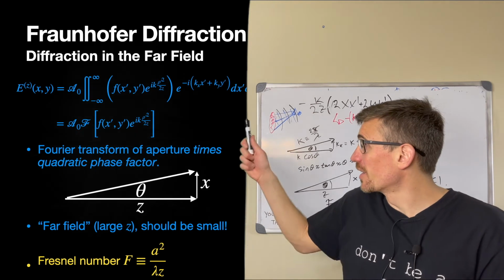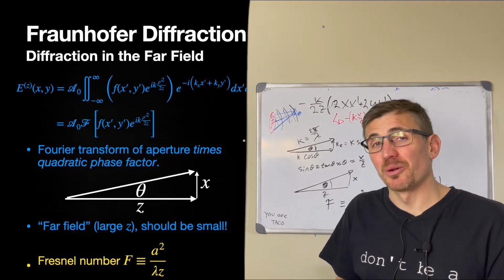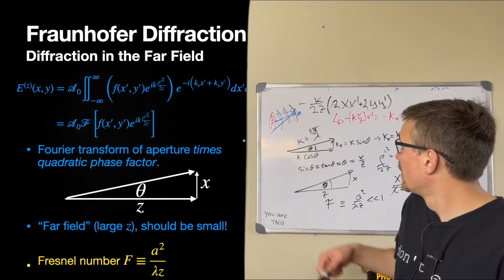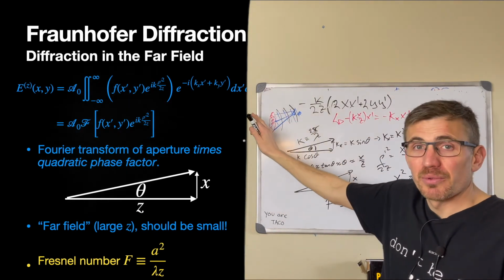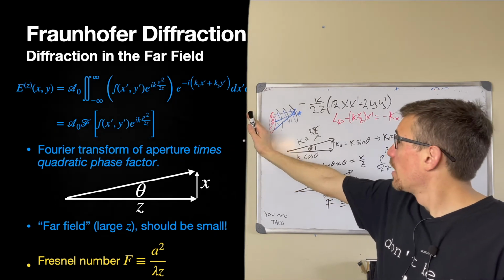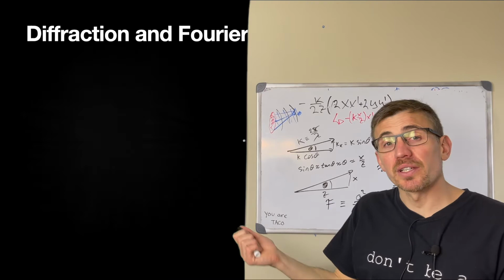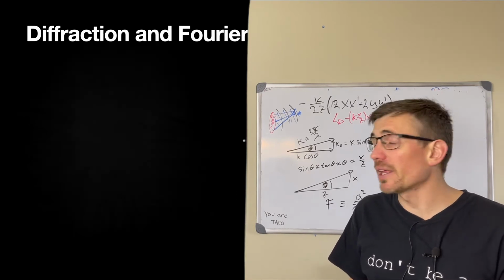And if we can neglect the rho squared term, we're in pretty good shape, because then it's just the Fourier transform of our aperture. The Fourier transform of this shape, whatever that shape is, gives you what the field looks like downstream, which is awesome. So let's look at that condition and relate the two concepts.